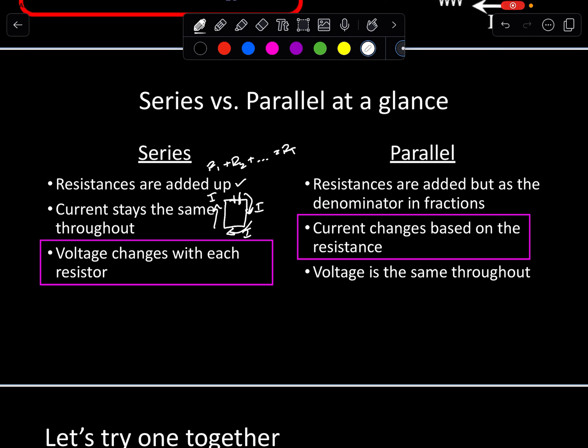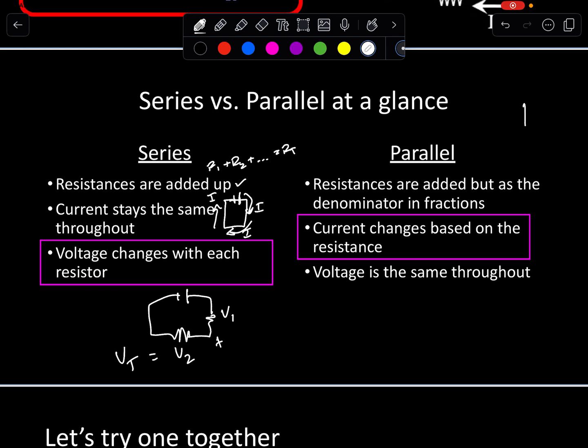And then with each resistor, right? In that circuit, if we have two resistors, this will take some of the voltage. This will take the rest of the voltage. So those two together are going to equal V total. All right, so that's series.